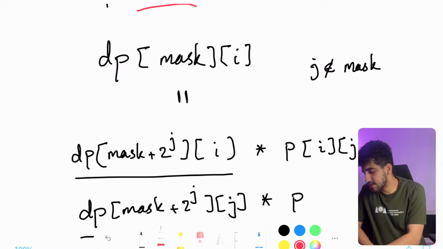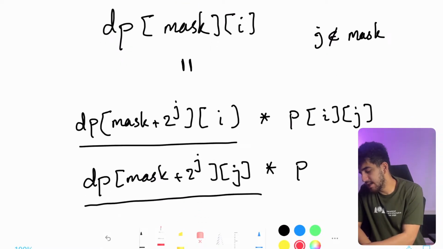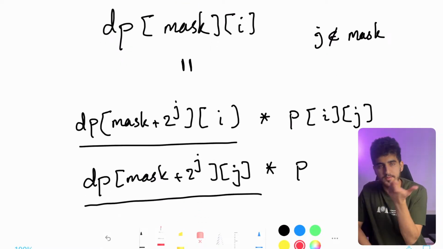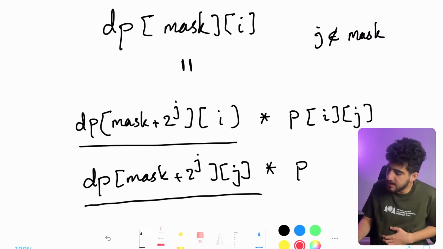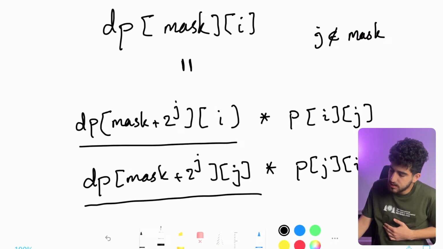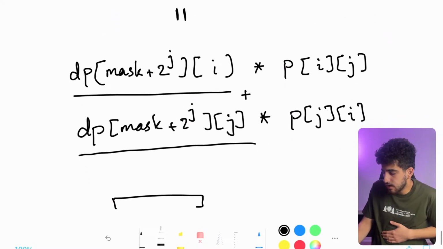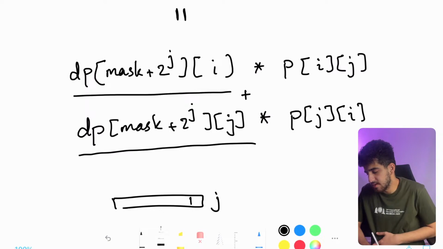So I have dp of mask plus 2 to the power of j and I, which means that if I remains alive, that is the probability, times p of I and j, plus dp of mask plus 2 to the power of j and j times p of j and I. And I have to add these two probabilities. This is going to be the probability that at the end person number 1 will remain alive.